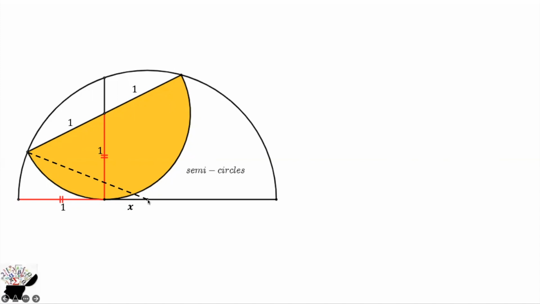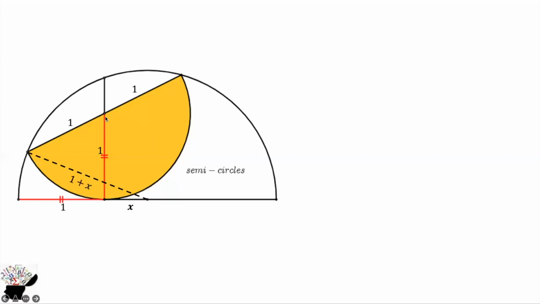And from the center of the bigger semicircle to the center of the smaller circle, the angle is 90 degrees. It bisects each other. So the angle is 90 degrees, right? So this side is the same as the radius of the bigger semicircle. So you are going to get 1 plus x.